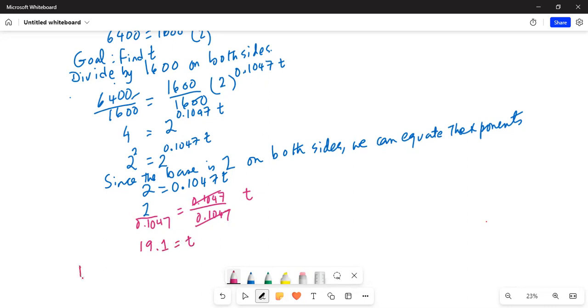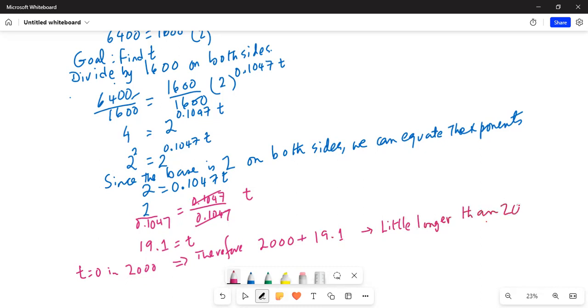Remember, t is equal to 0 in 2000. Therefore, 2000 plus 19.1 is a little longer than 2019, that the population will reach.